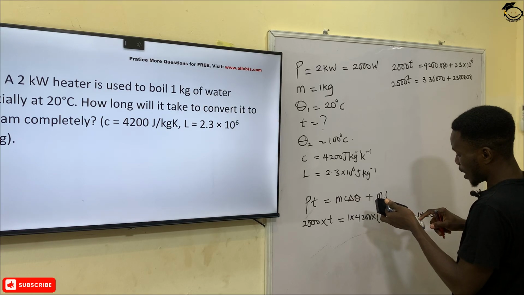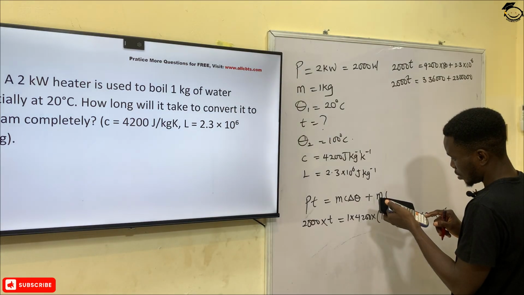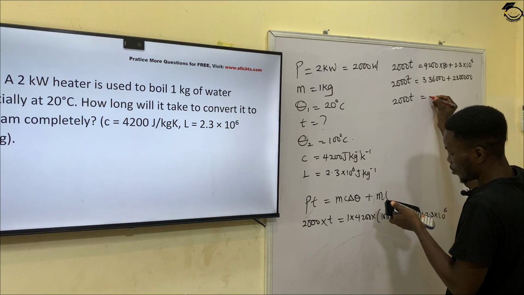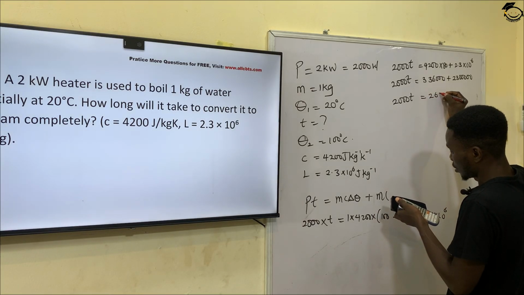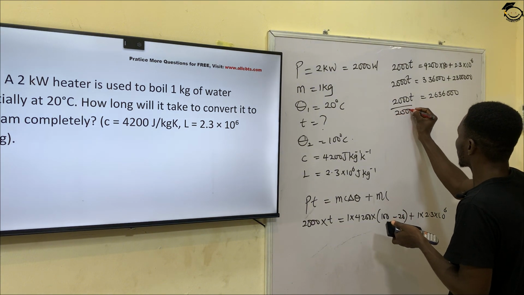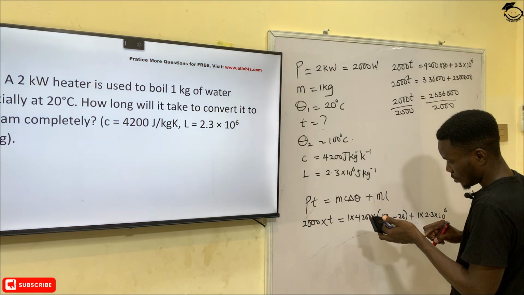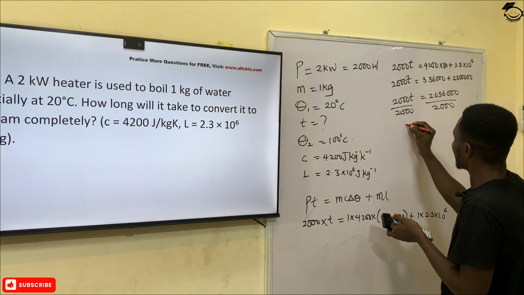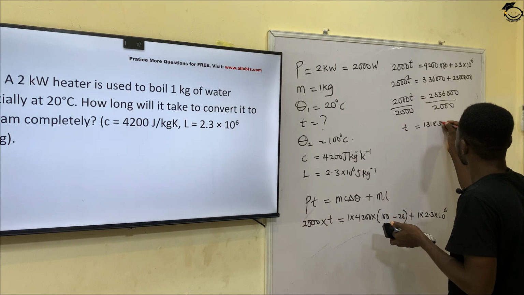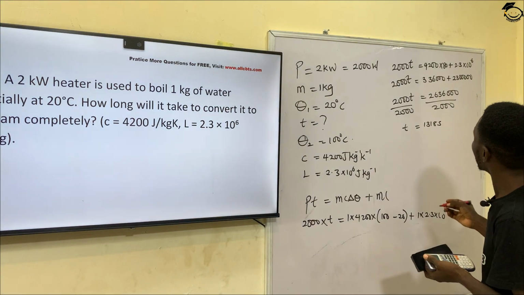If I add those two together, this will give me 2000 T equal to 2,636,000. So I'll divide both sides by 2000. It means that my time is going to be 1318 seconds. So the time in seconds is going to be 1318.